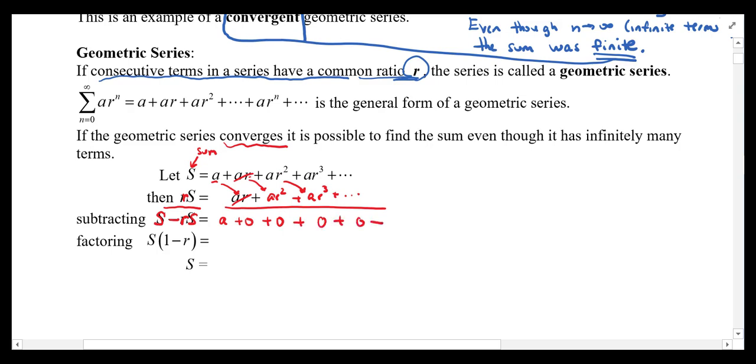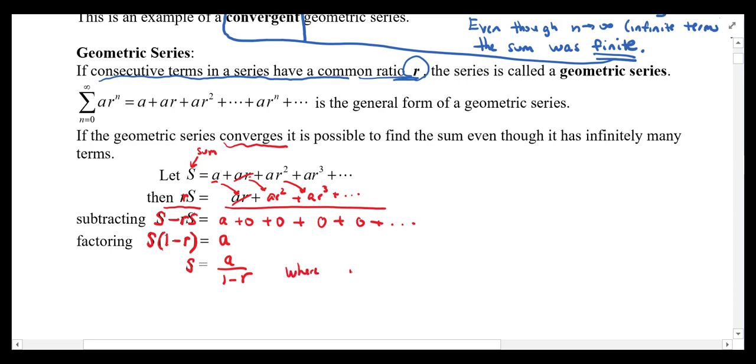This all becomes 0, so I'm really just left with the value of a. And if I factor out the S from the left-hand side, I get S times 1 minus r. I can solve for S, and I get this lovely formula of a over 1 minus r.